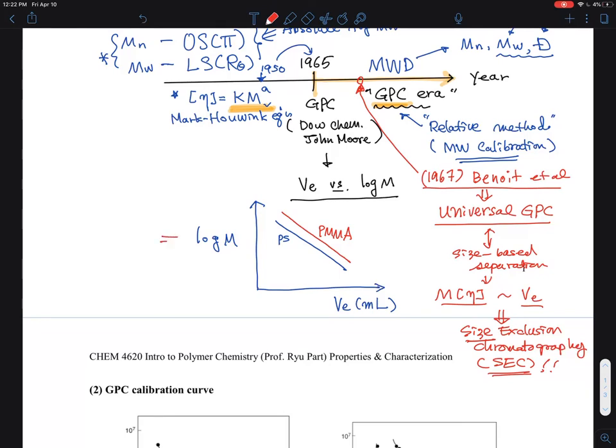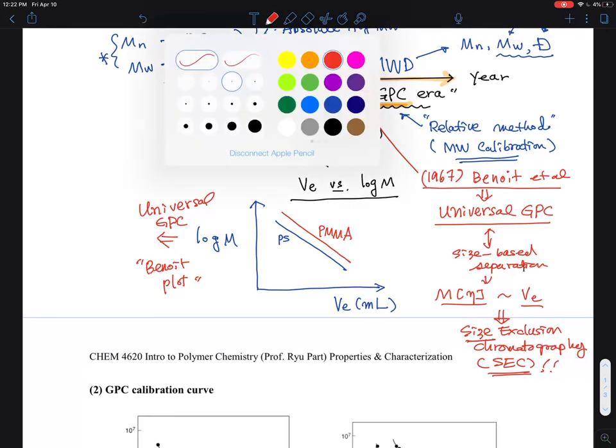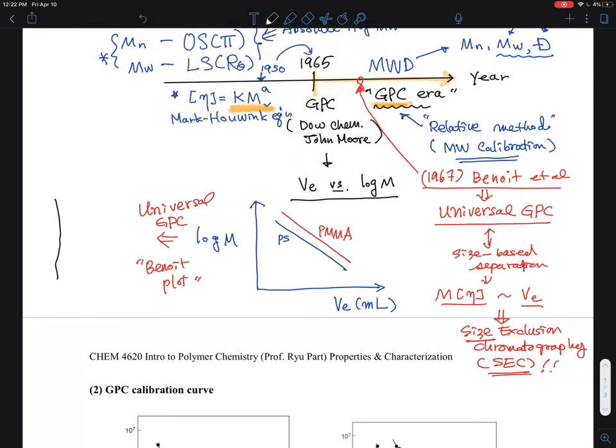But now, if you do the universal GPC plot, what we call the Benoit plot, you will get all the data of VE versus now not just the molecular weight, but molecular weight multiplied by intrinsic viscosity.